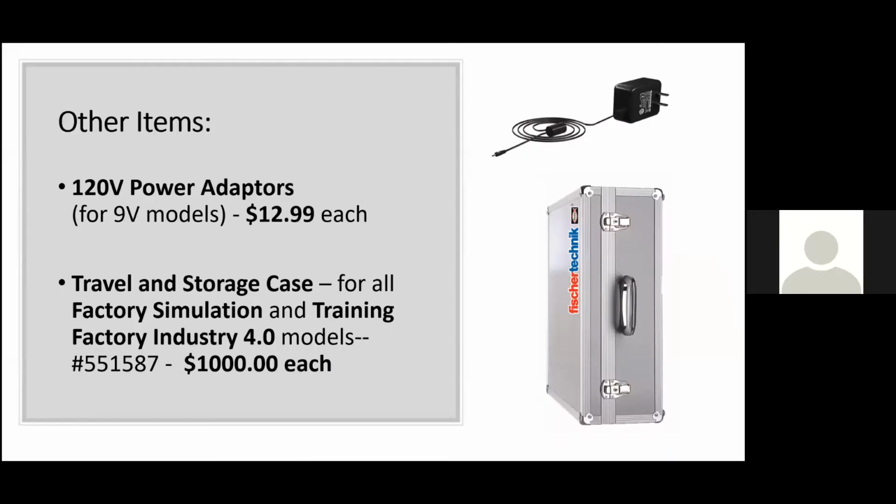And other items that I've touched upon during the presentation, those 120-volt power adapters that I keep mentioning for the 9-volt models, they are available for $12.99 per unit. And the travel and storage case, which again is designed specifically for the factory simulation and Training Factory Industry 4.0 models, the 9-volt or the 24-volt variations, these are $1,000 each.